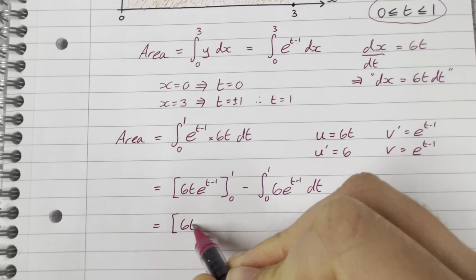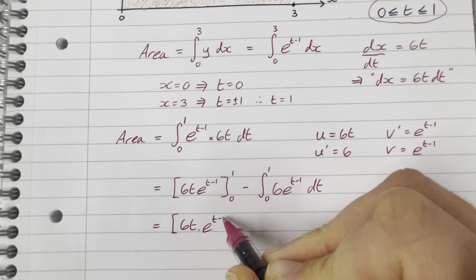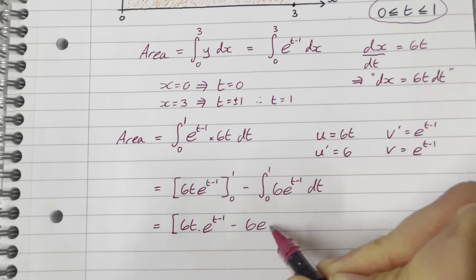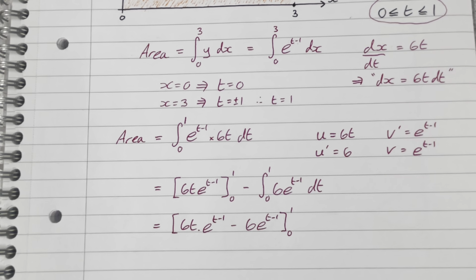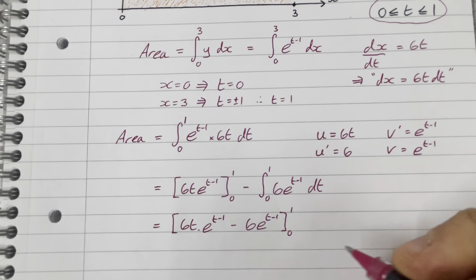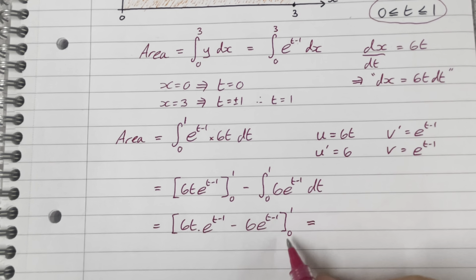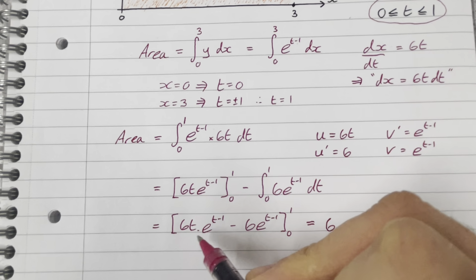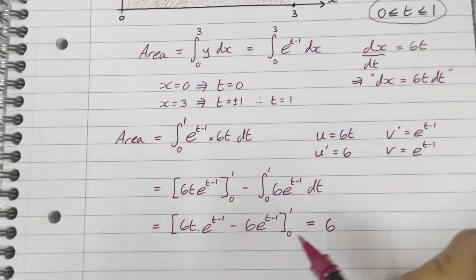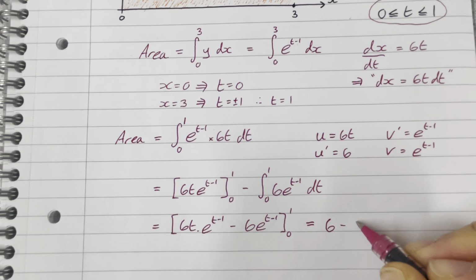So it's going to be 6t times e to the t minus 1 minus 6e to the t minus 1 between 0 and 1. Perfect. Okay, now we plug in our limits. So these are t limits, so that's fine. I can just put them straight in. So I get 6 times e to the 0, which is 1. So it's just 6 times 1 times 1 minus 6 times 1.